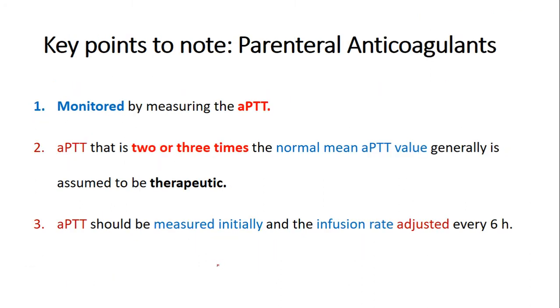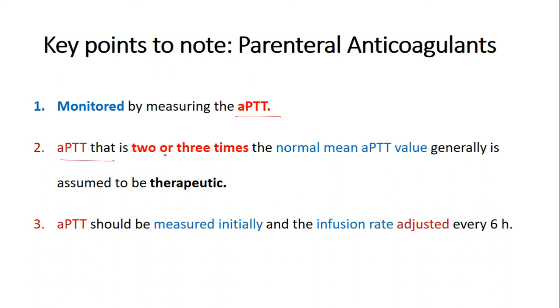So what is the key point to note with respect to administering and monitoring of parenteral anticoagulants? When we are administering heparin or low molecular weight heparin, you need to monitor the value of APTT, that is activated partial thromboplastin time, and this has to be adjusted according to the patient's body weight.